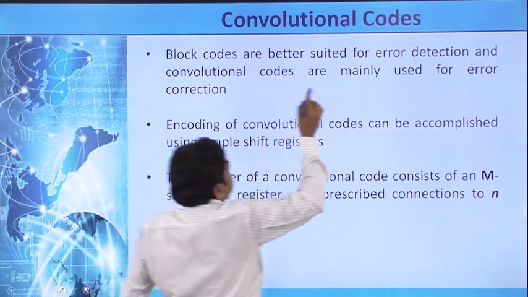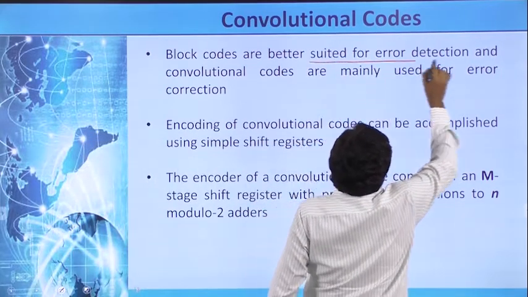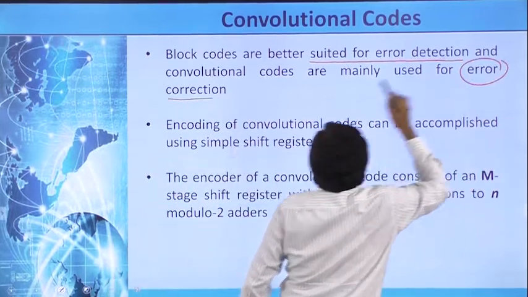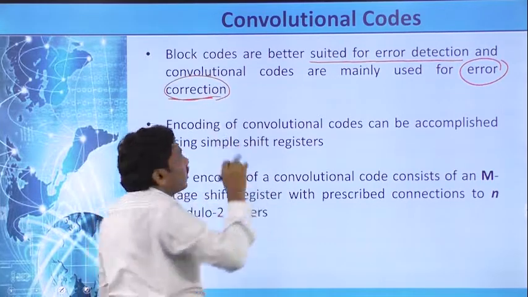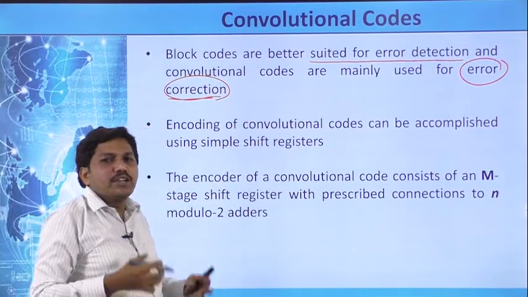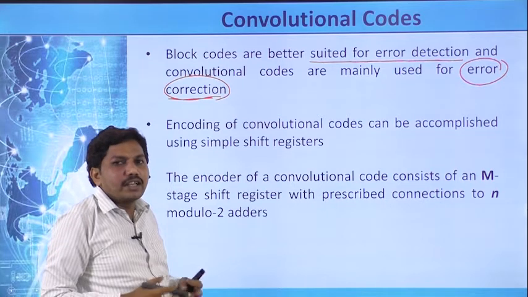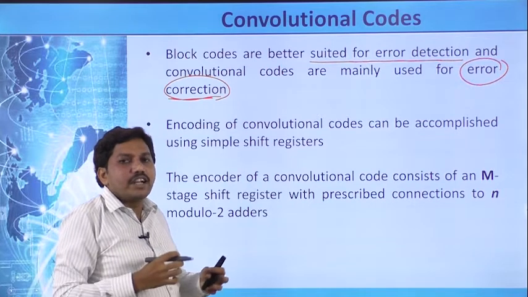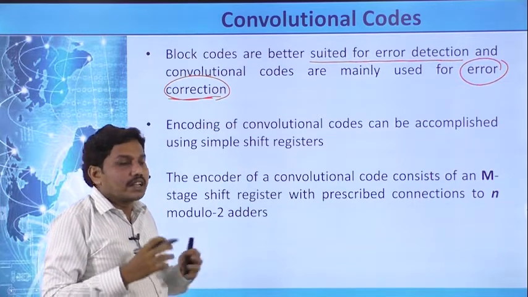Block codes are better suited for error detection, whereas convolutional codes are mainly used for error correction purpose. So these two are error correcting coding techniques. These can detect and correct the errors, but practically block codes are used for error detection purpose, whereas convolutional codes are used for error correction.